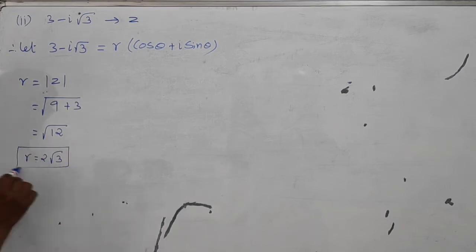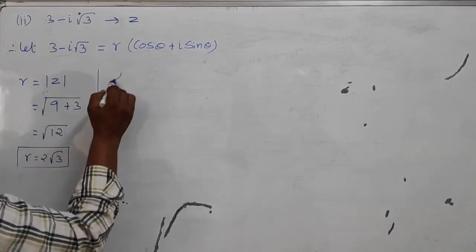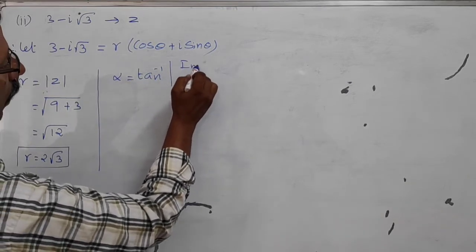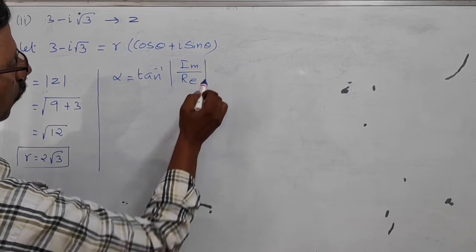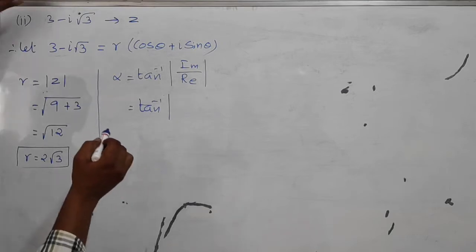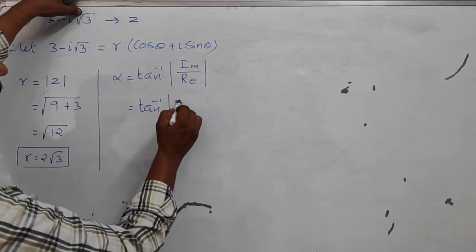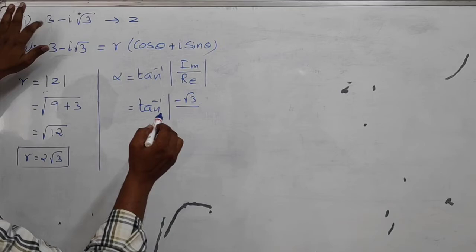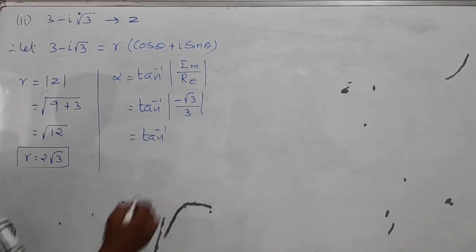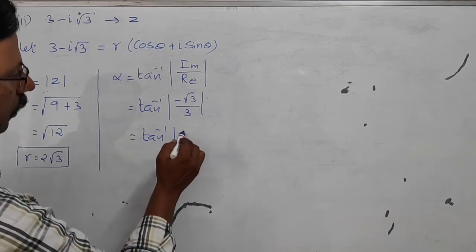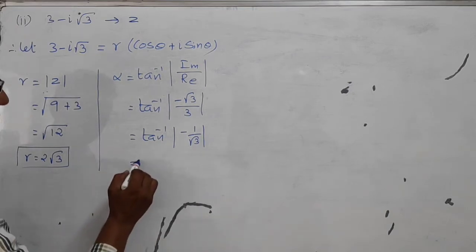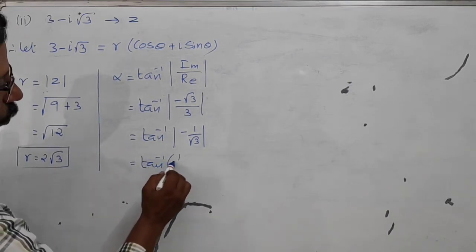We got the r value. Next we can find the alpha value. Alpha is equal to tan inverse of modulus of imaginary part by real part, which is tan inverse of modulus of minus root 3 by 3. This gives tan inverse of modulus of minus 1 by root 3, which is tan inverse of 1 by root 3.